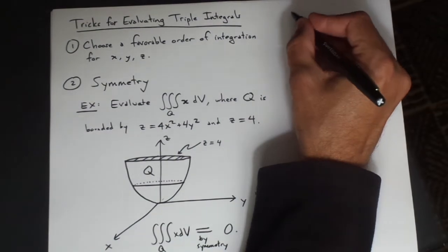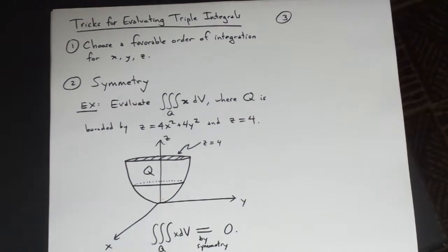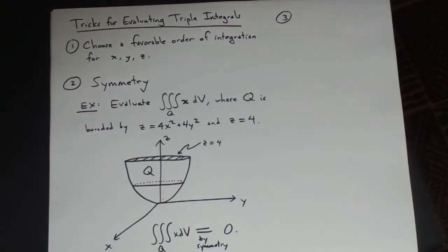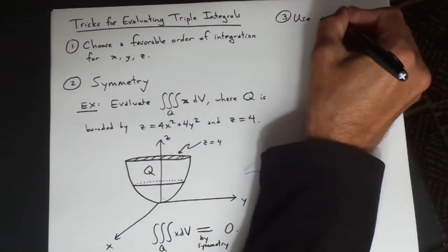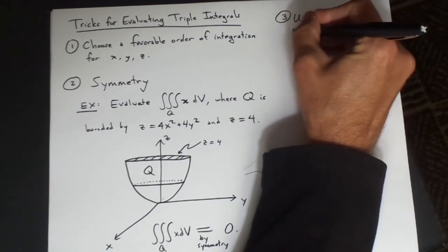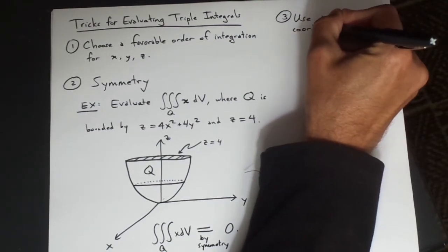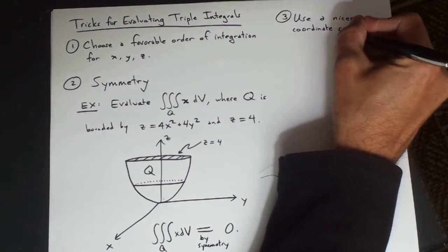Finally, the third trick for evaluating a triple integral, and you saw this before as well, is to use a nicer coordinate system.